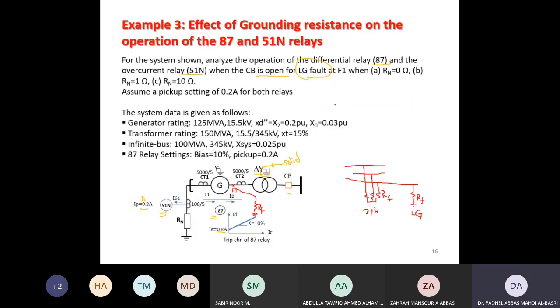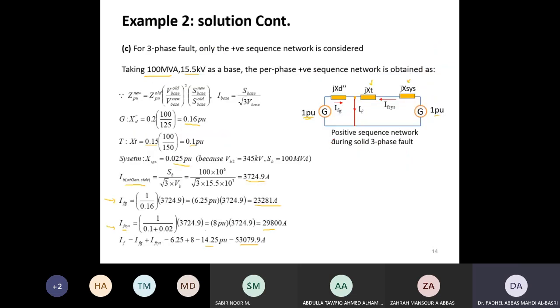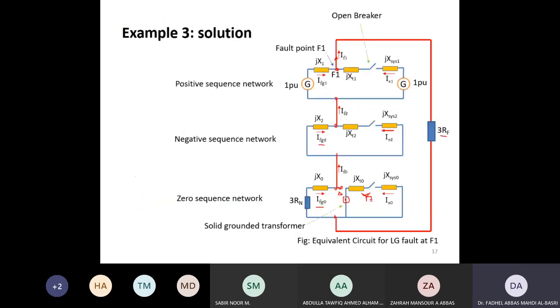So that corresponds to IF. IF from the positive sequence network is this, IF from the negative sequence network is this, IF from the zero sequence network is this, and all of these are the same.